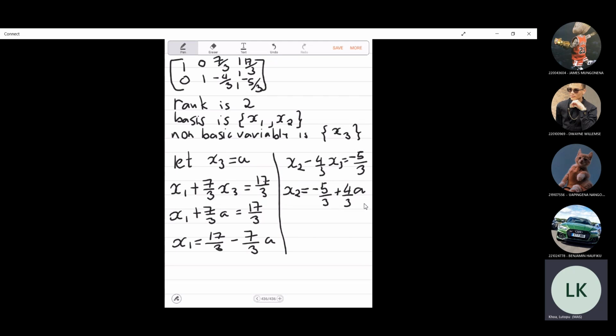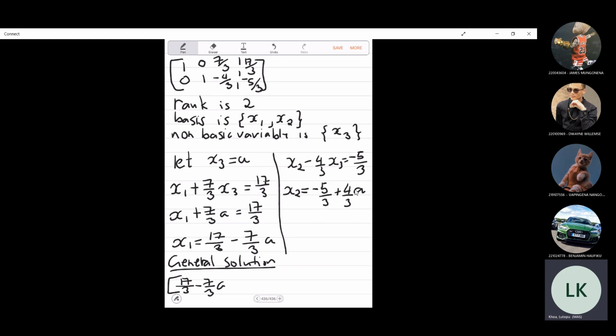Okay, then I can say that the general solution we can write in this way. x1 is 17 over 3 minus 7 over 3 times a.